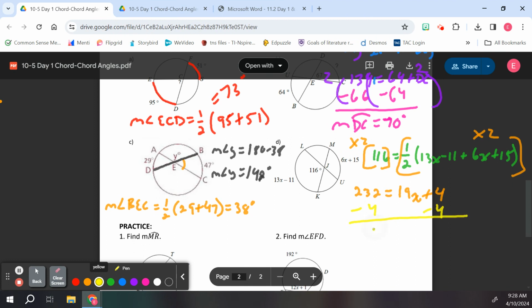That leaves me with 228 equals 19x. And I'll divide both sides by 19. So here I'm getting x is equal to 12.